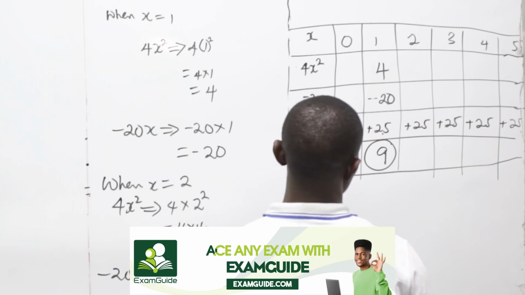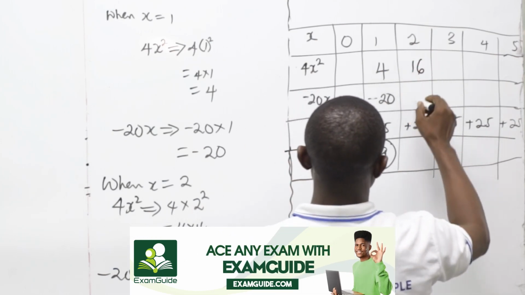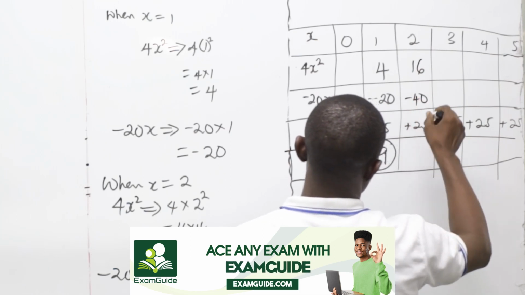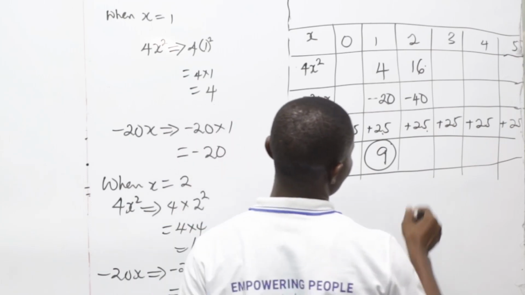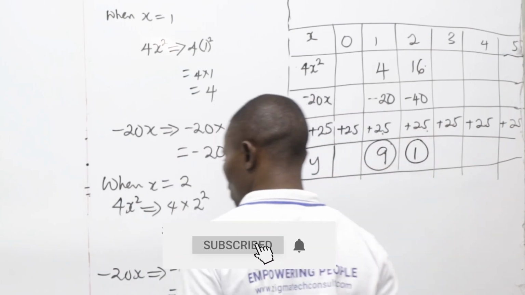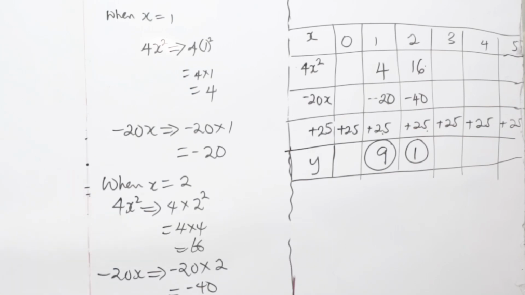Okay, if we have minus 40, the first one here is 16. All right, the second is minus 40. This plus this is 41. 41 minus 40 is 1. Still the same solution. You can see it. In that same solution, we are still having.